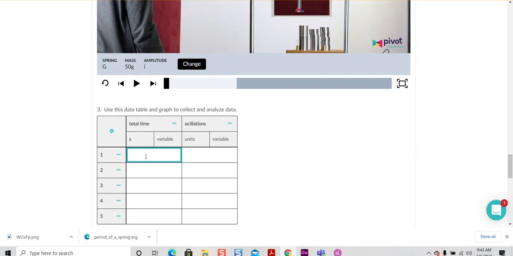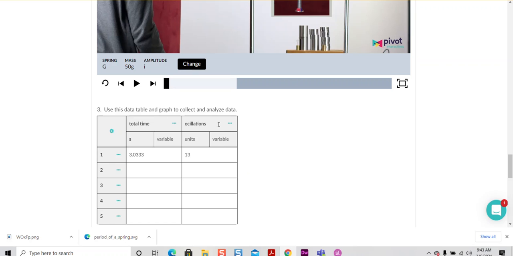So that would be 3.033, actually that would be 3.033 seconds. We actually had 4 decimals there. And don't need to put the seconds in there. And the number of oscillations was 13. Okay, so that would be my number of oscillations.